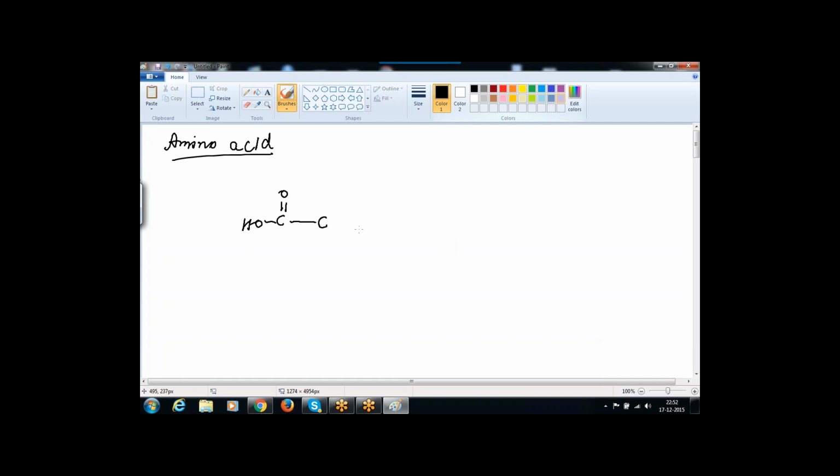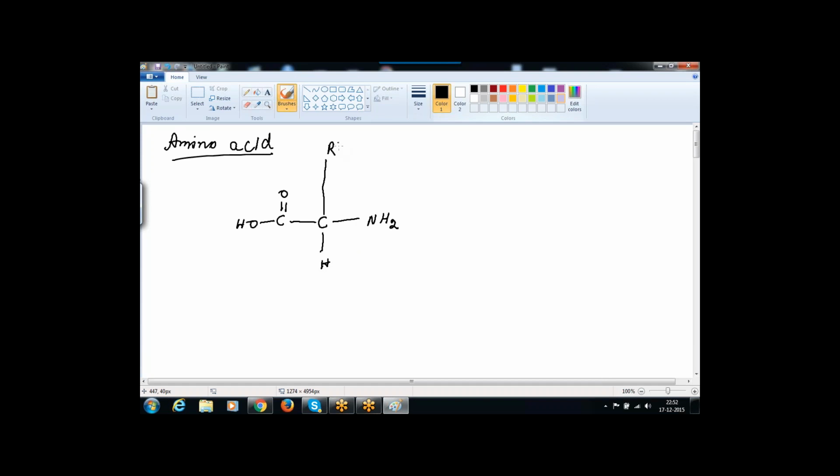And amino group, let me make it more clear. The amino group is always NH2 group, and there is a hydrogen attached to this carbon, and then to this carbon is attached an R group.